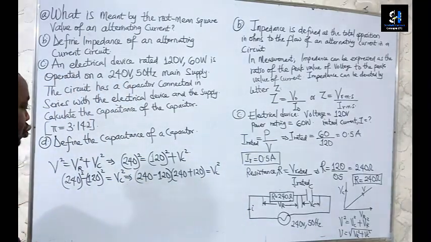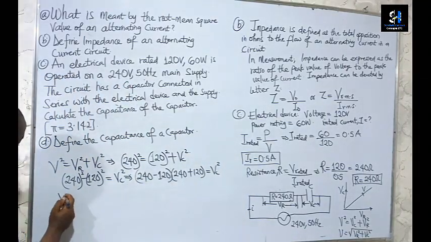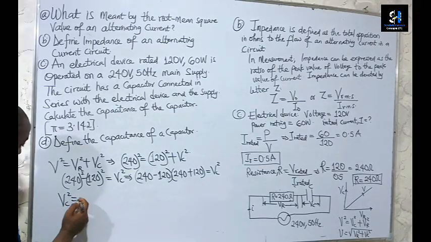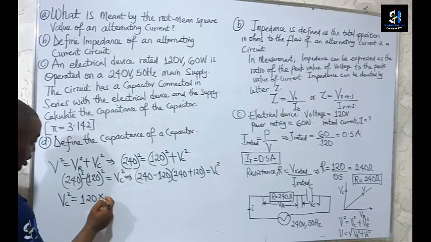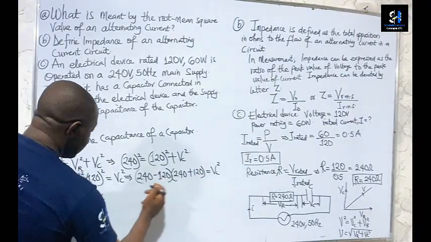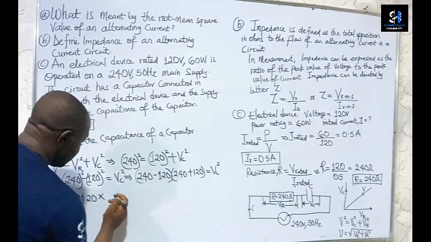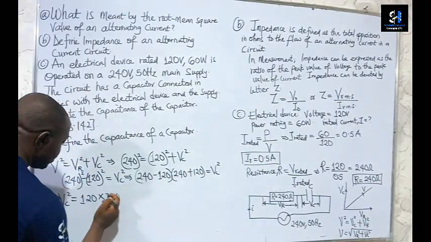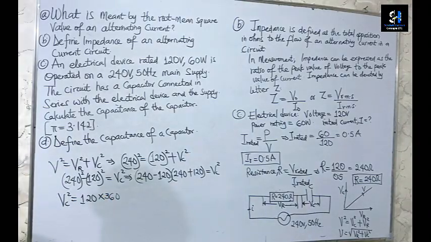So 240 minus 120 is 120. So I'll have VC squared equals 120 multiplied by 360. This will be 360.